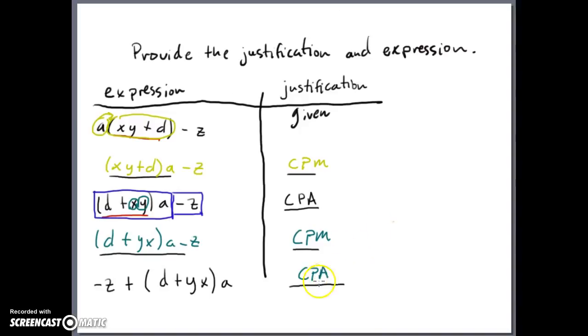Or you could have commuted the terms first. So you could have said, okay, they took this negative z, they added it in front, and then what they did was they commuted the multiplication. So this could actually be CPA and then CPM. Two different ways of going.